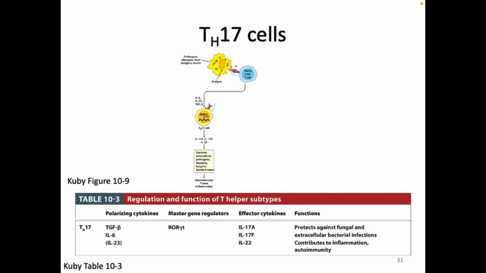So we're going to enhance neutrophils' ability to do their job, and we're going to go get any extracellular bacteria or fungi. There are also lots of situations where if we make Th17 cells inappropriately, we end up with inflammation or autoimmunity.